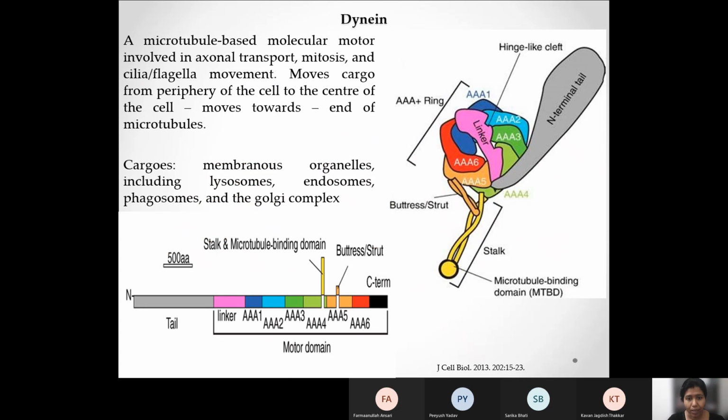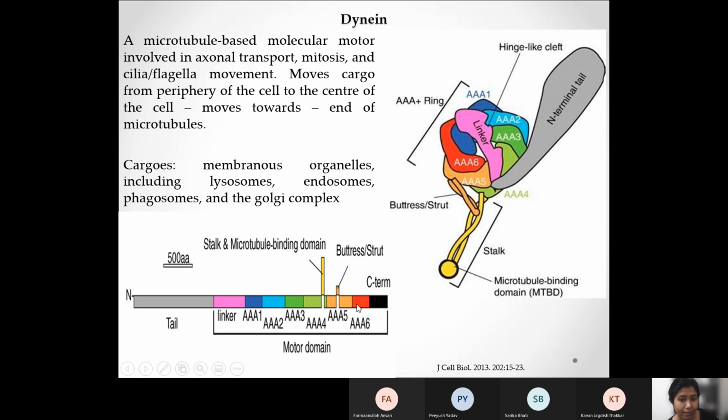Okay. Now, if you look very closely at the structure once more, you see that you have the N-terminal tail, as we said. This is something that selects out the cargo. You have then a linker region, and we said that somehow the positioning of the linker is actually required in the movement of the Dynein, and we'll come to that in a bit.